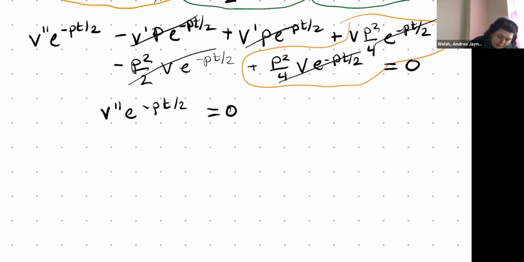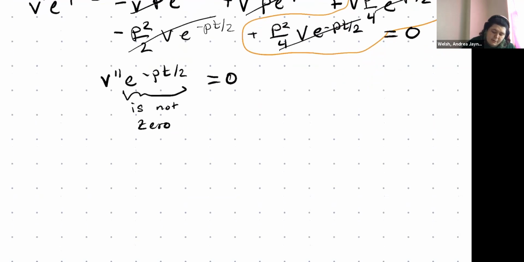And one thing that we know is that this exponential is not 0. The only time this is going to be 0 is if we take t to be infinity, but for any number that we're going to be plugging in, it's not going to be 0.